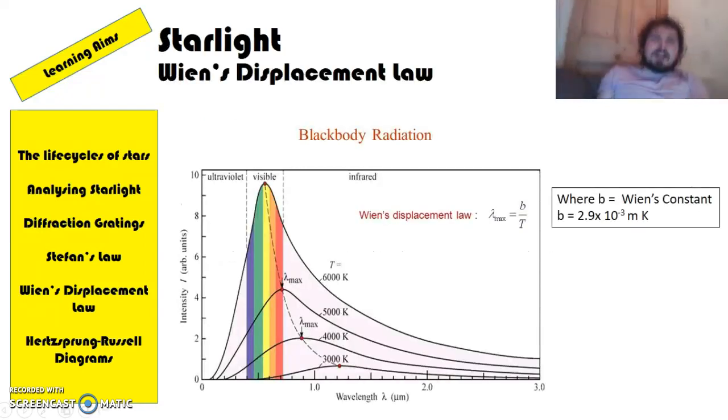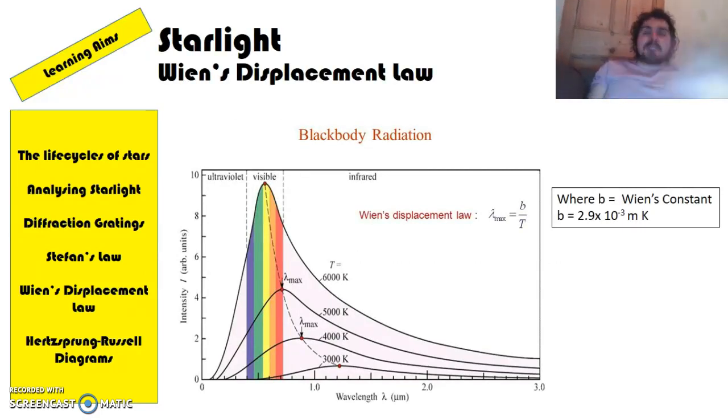Right, so now we're on to Wien's displacement law, which is an interesting thing, looking at the peak wavelengths, or the wavelengths you get from the light of stars themselves. So first thing we do is just look at what it actually looks like, and that is this. The wavelength of light coming from stars is not a constant value.